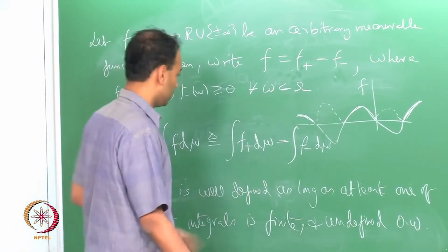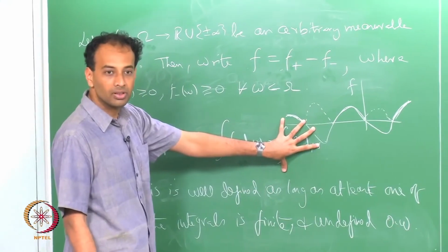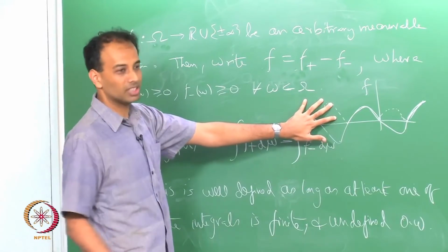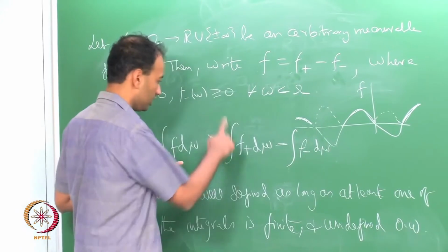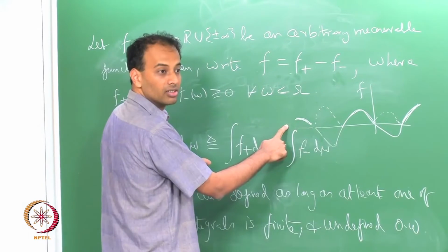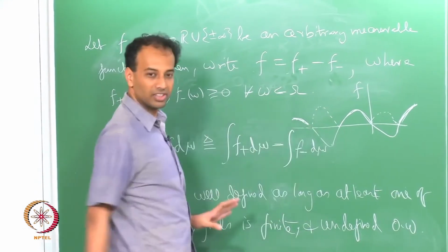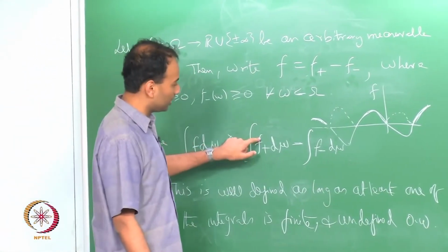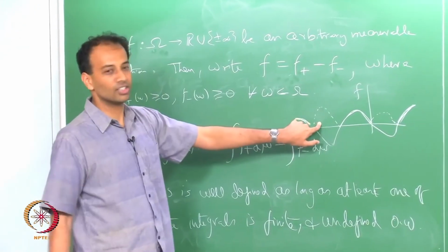If this were infinity and that were some real number, then you have infinity minus a real number, which is plus infinity, no problem. If this is finite and that is plus infinity, then you have a real number minus infinity, which is minus infinity, also no problem. The last situation is where this is infinity and this is infinity, then infinity minus infinity is not defined.